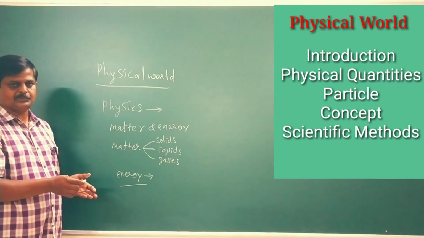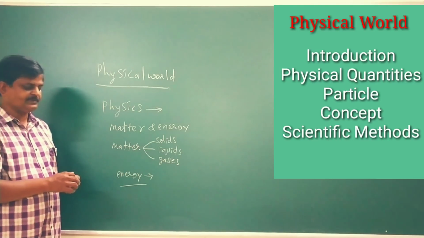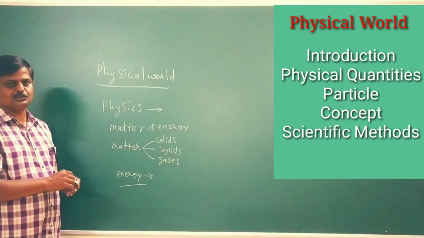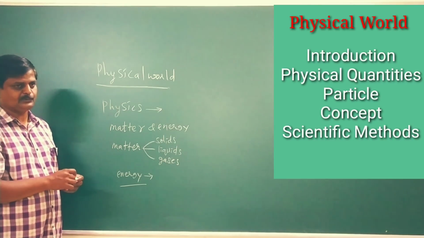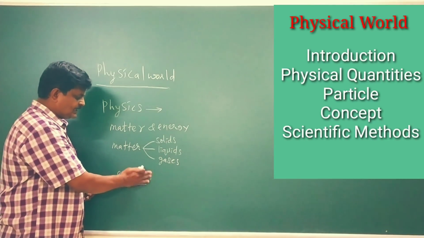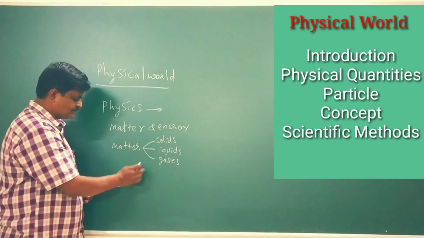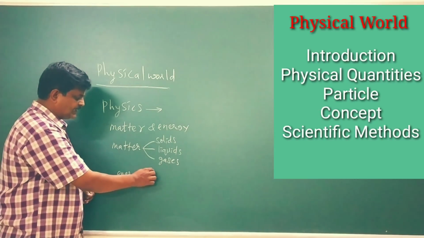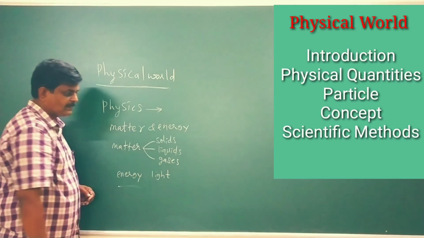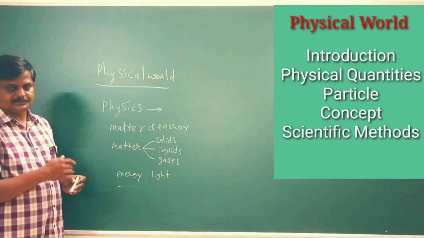The best example for the conservation of energy is that light energy can be converted into what? Electrical energy, in a solar source. So there are many forms of energy. We say light is a form of energy, heat is a form of energy, electricity is a form of energy.